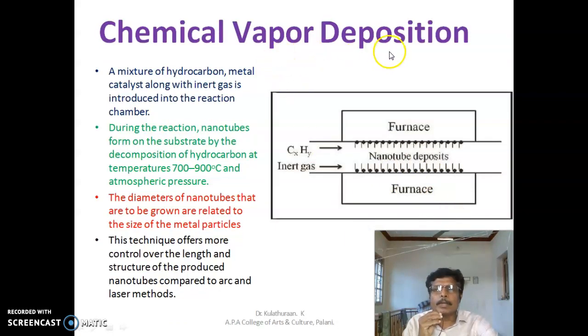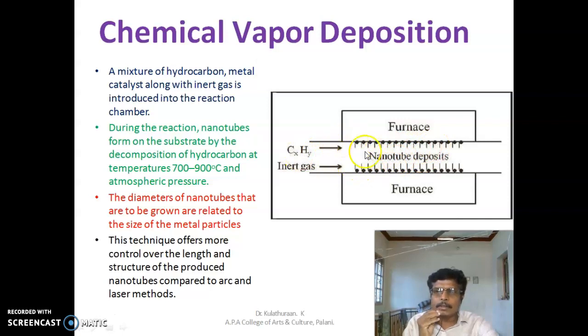Then chemical vapor deposition. This is the block diagram of chemical vapor deposition. Here a mixture of hydrocarbon and metal catalyst along with an inert gas is introduced into the reaction chamber.